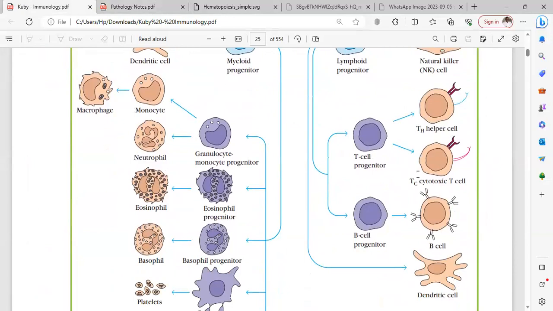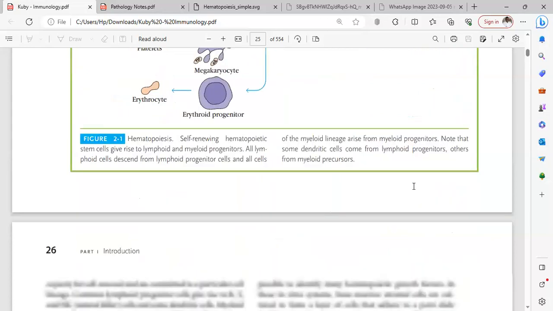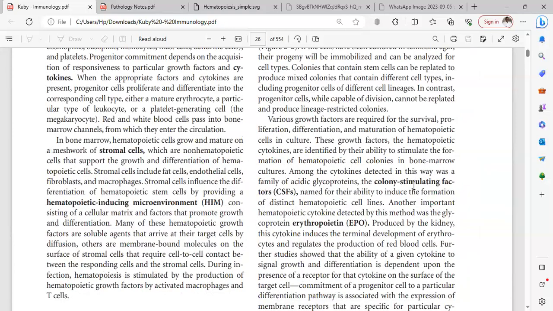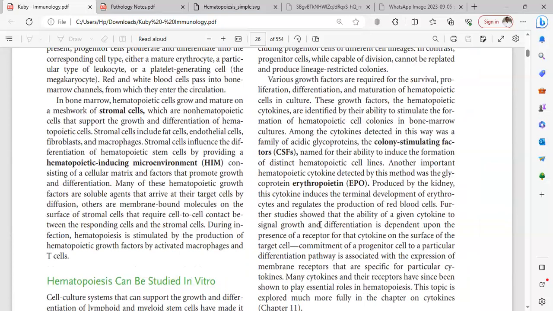We have the T helper and the T cytotoxic cell, but we'll talk about it. And then maybe as an add-on, this molecule is one that is used to regulate production of red blood cells in the kidney, erythropoietin, EPO.